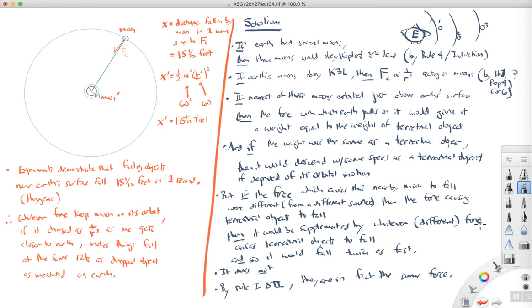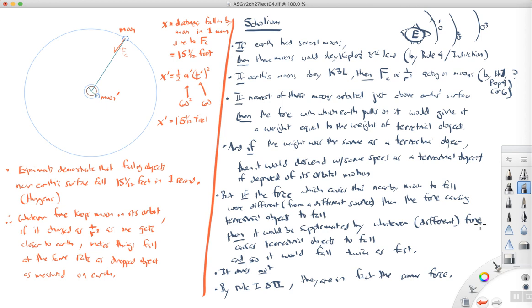But if that's a new or different force than the ordinary force that causes earthly objects to fall, then you would need to supplement this new force with that ordinary terrestrial force, and those objects would fall twice as fast. Which seems to be strange. That wouldn't be quite right.